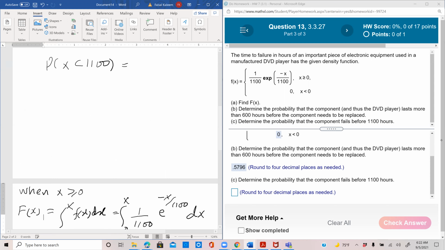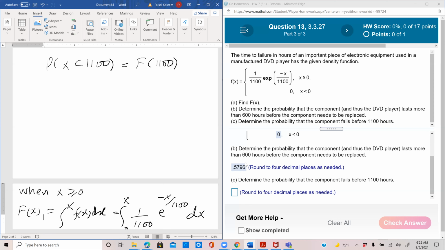That is just straight up big F of 1100, because big F is cumulative up to 1100. And as I mentioned before, in continuous distributions, it doesn't matter whether you include a point or not. Technically, big F of 1100 is probability x less than or equal to 1100, but less than or equal to is the same as less than in the continuous case.